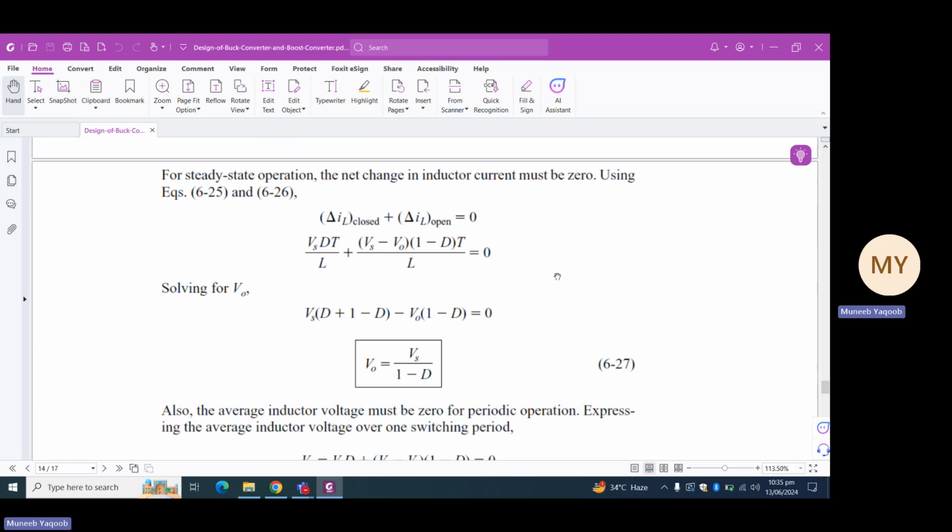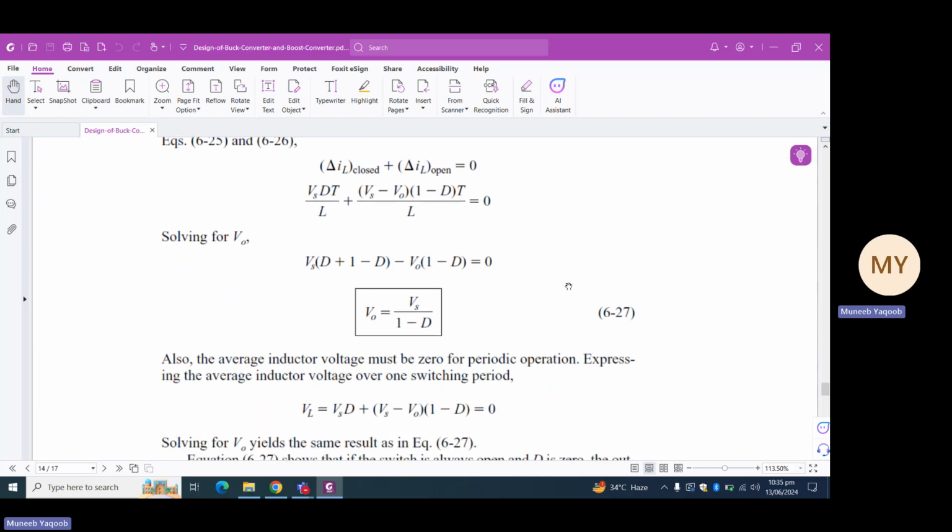Now, the same output voltage expression can also be achieved if we consider the inductor voltage. The inductor voltage was Vs when the switch was closed, so Vs into dT, plus the inductor voltage was Vs minus V out when the time was (1 minus d) into T. In these two terms T is not written because we can take it common and bring it to the other side, and it becomes 0.